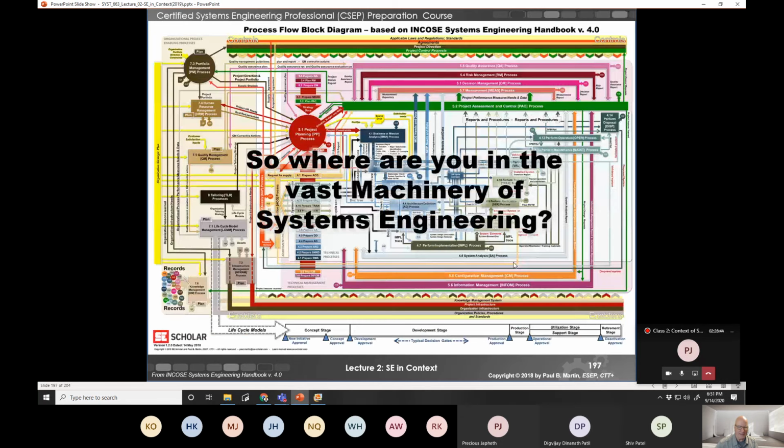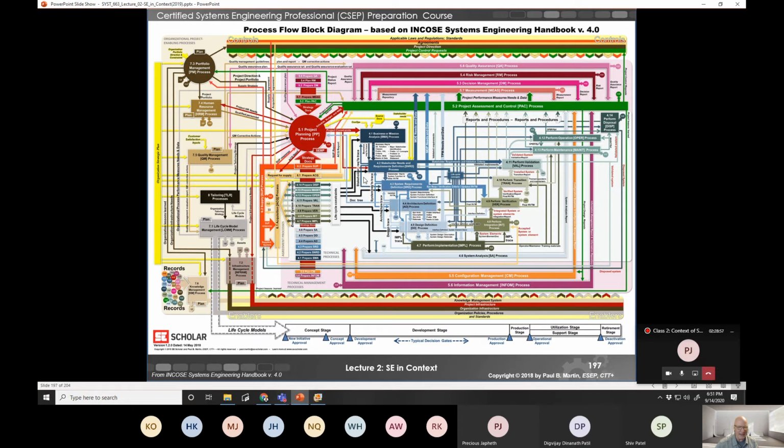All right, and that's it. It's good to think about where you are in this vast machinery of systems engineering. When I look at where I am, I've been in almost all of these, but you may find yourself deep into requirements or architecture design, or even in the testing, be it verification or validation, or maybe you're helping out with CM or risk management.